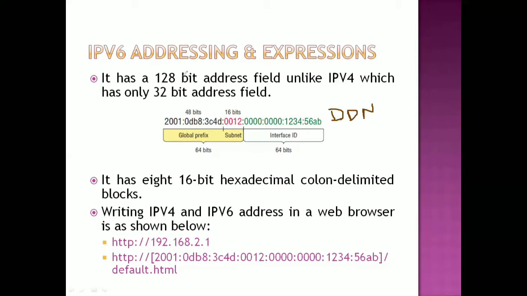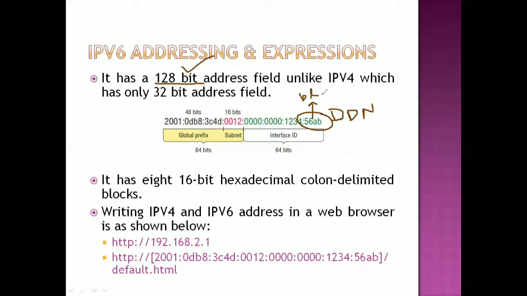Because 128 bits is a very large number, so you cannot use the decimal number system for expressing these 128-bit values. Rather, you use the hexadecimal pattern. So here you can see that this 56AB is basically the hexadecimal portion. These four hexadecimal digits are called a block.